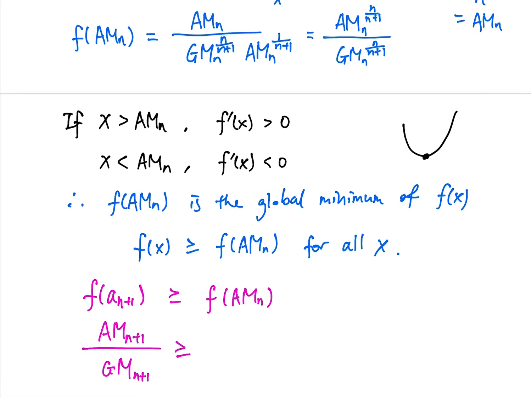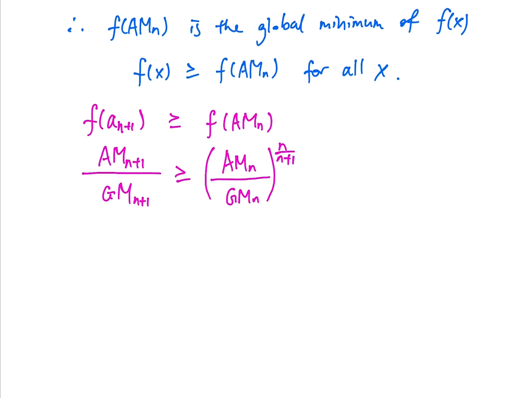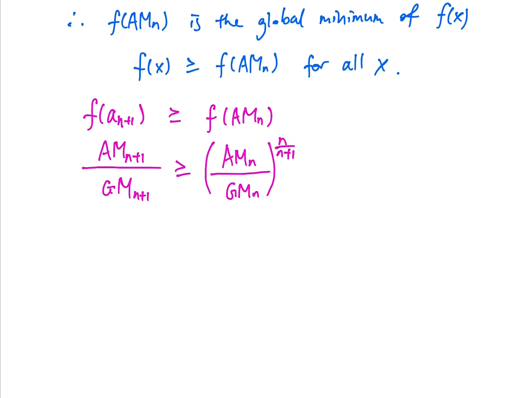We just found that it should be this ratio of AM and GM. But if you notice more carefully, we can also pull out the power and bring it to the outside. And naturally, we can raise both sides to the n plus 1 power.